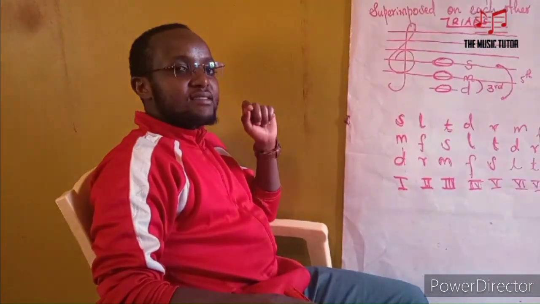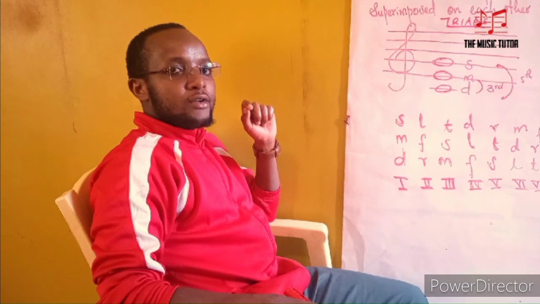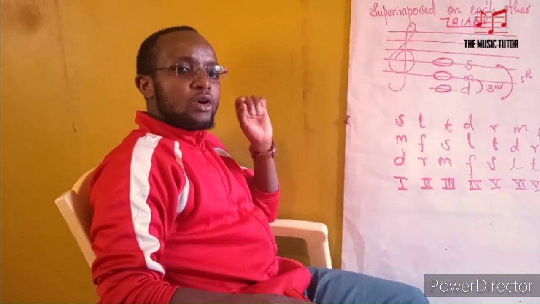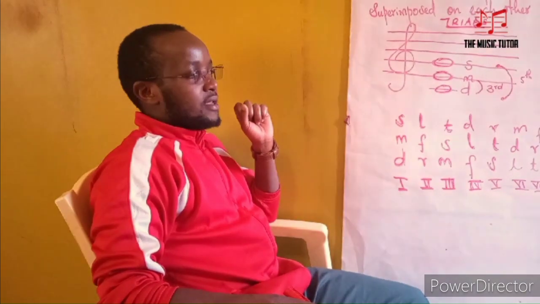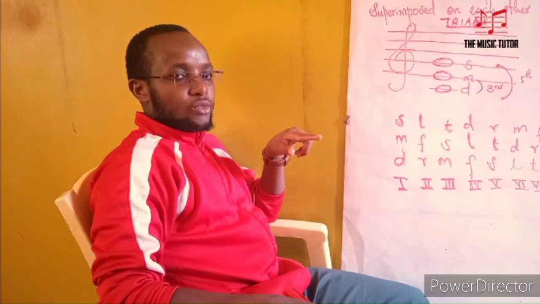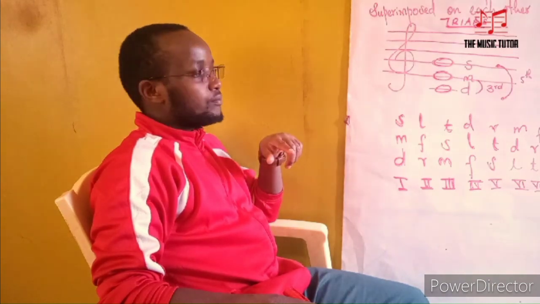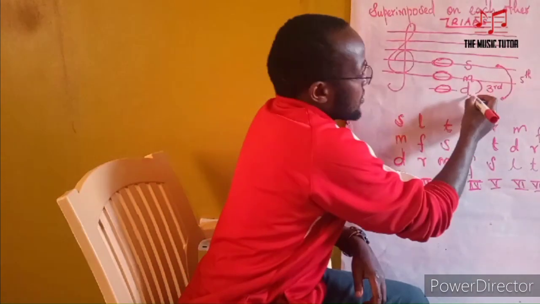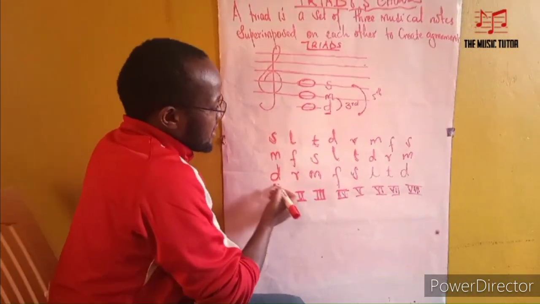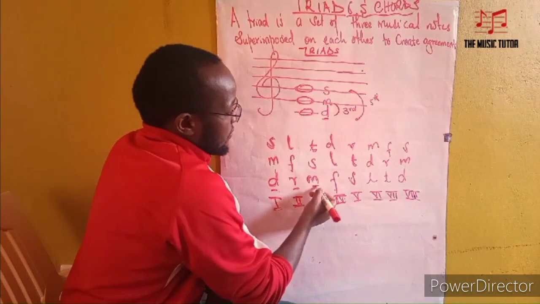We go to the next level of forming chords from triads. We form chords from triads by doubling the root note of the chord. This is the root note. Every note you can see here is the root note.